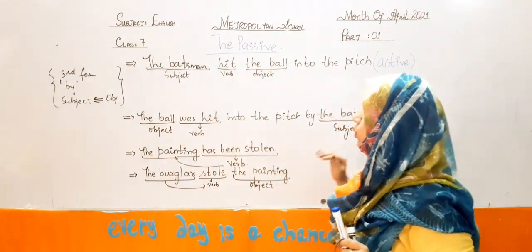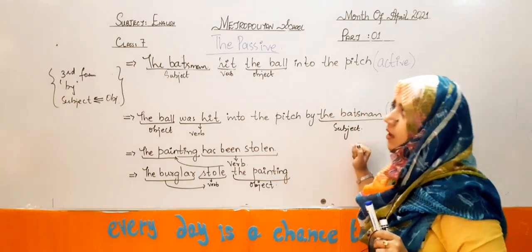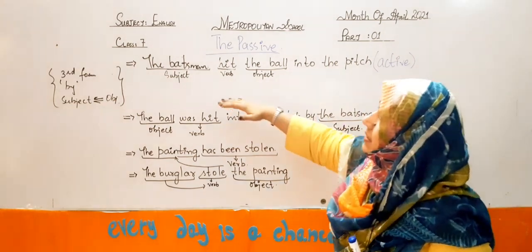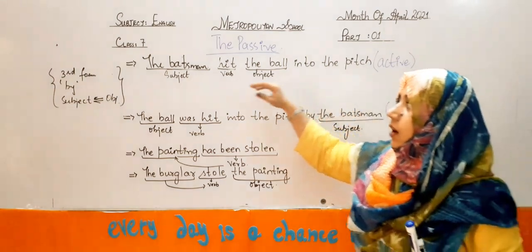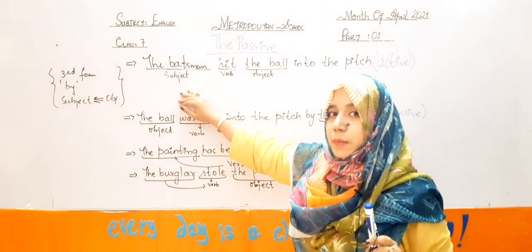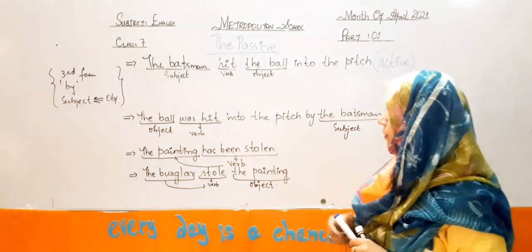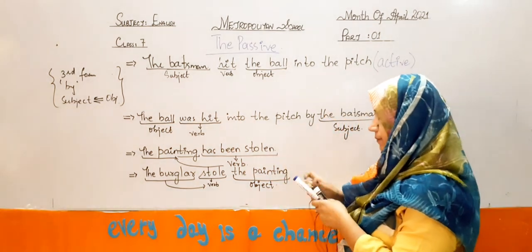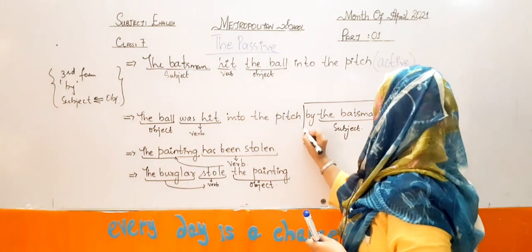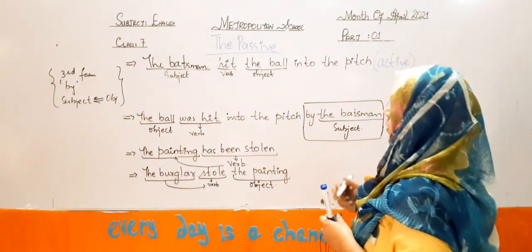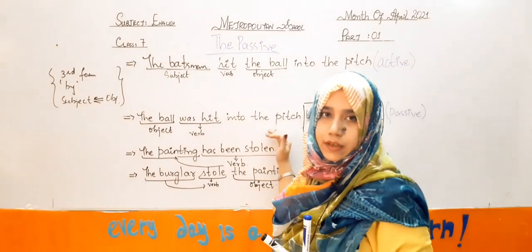Now let's come towards the same sentence. My dear students, the sentence is: the batsman hit the ball into the pitch. Here the subject, batsman, is important, but what if I forget to write this? The ball was hit into the pitch.